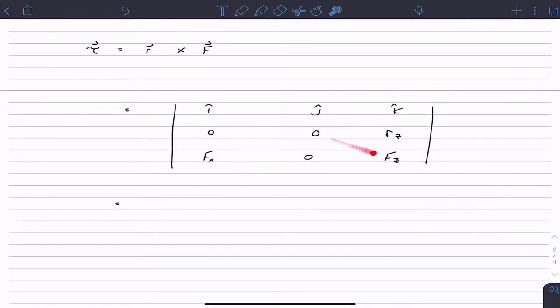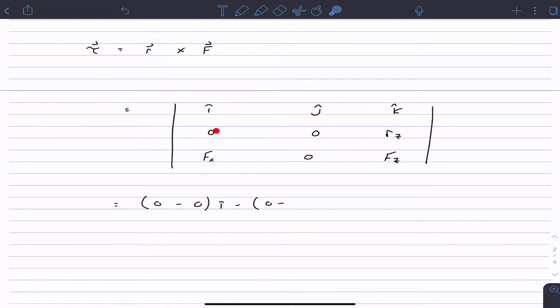So in the I hat direction, this is 0, this is 0. In the J hat direction, this is 0, this is non-zero, so this is what we're going to get. The first one was 0 minus 0 I hat minus 0 minus, because this was 0 minus 0.